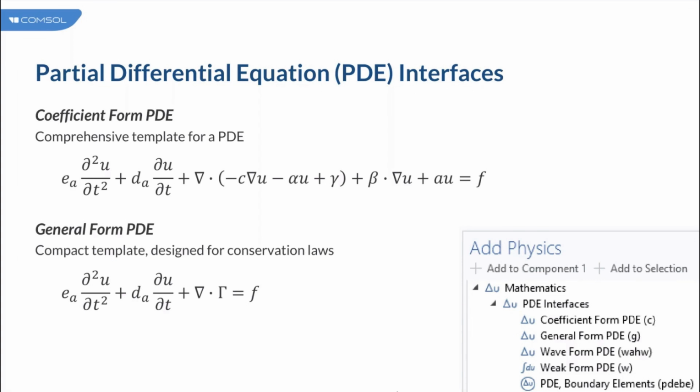So for instance, we've got this coefficient form PDE, which lets you fill in values or expressions for a long range of first and second order temporal and spatial derivatives. And it tends to be the easiest one to use because the alternative is the so-called general form PDE interface, but that one's more convenient if you want to implement a conservation law, for instance.